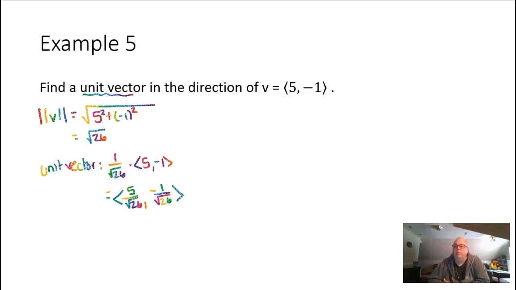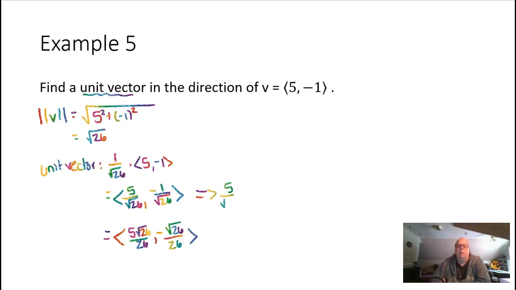And since we don't leave radicals in the denominator, we will need to rationalize these. It will become the vector positive 5 times the square root of 26 over 26, comma, negative square root of 26 over 26. And if you forgot how to rationalize, remember we did it this way.